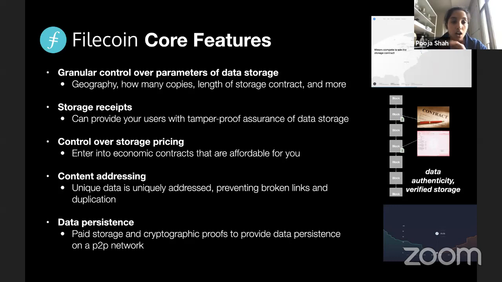And if someone tries to doctor that document at some point in the future, you could always ask that person for the CID, the content identifier, for their doctored document, and compare it to the hash that was stamped into the Filecoin blockchain at block height X. If the two don't match, you could basically say, this is not legitimate, what you are trying to share with me, because I have proof. I have this receipt that tells me that this particular file was stored on the Filecoin blockchain at this moment in time.